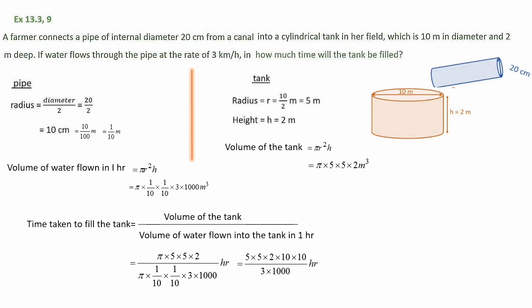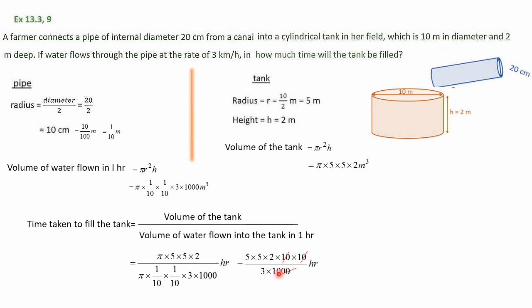Then numerator 5 into 5 into 2 is there, and in the denominator there are 10 and 10. This will come to the numerator. So 5 into 5 into 2 into these two tens will come in the numerator, divided by, in the denominator pi is gone, 1 and 1 multiplying by 1 only, 3 into 1000 will be coming in the denominator.